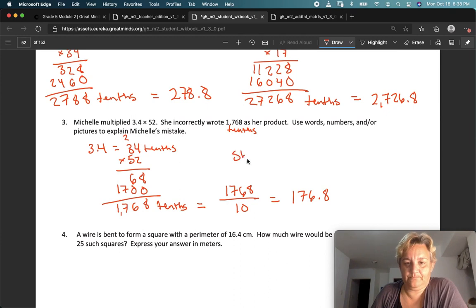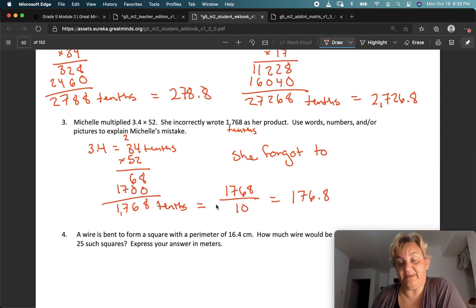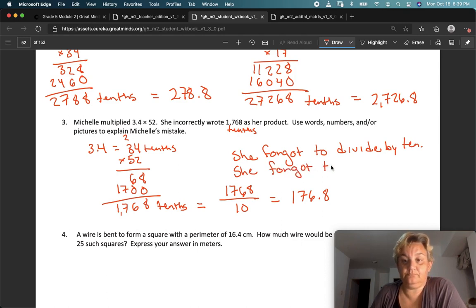She forgot to, well, divide by 10. You could say divide by 10. Or she forgot to convert to standard form. All right. Two different ways of saying the same thing.